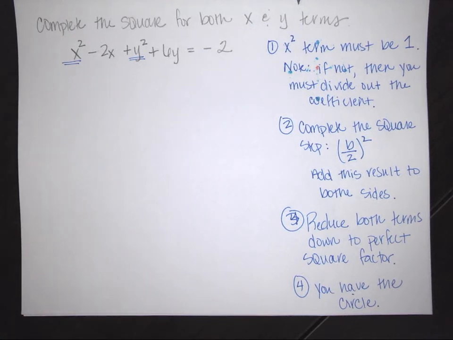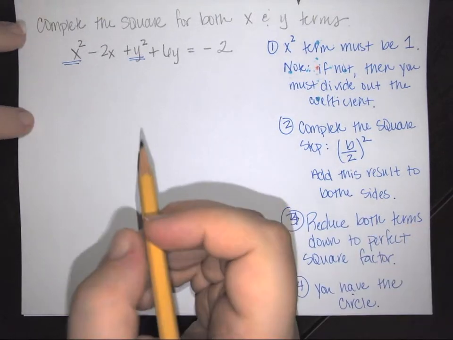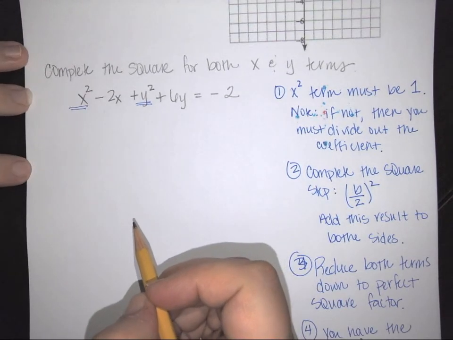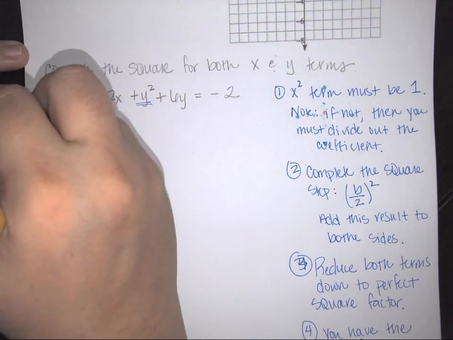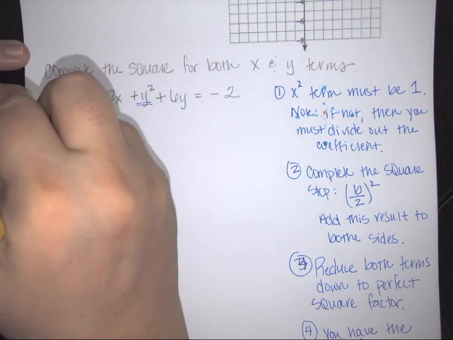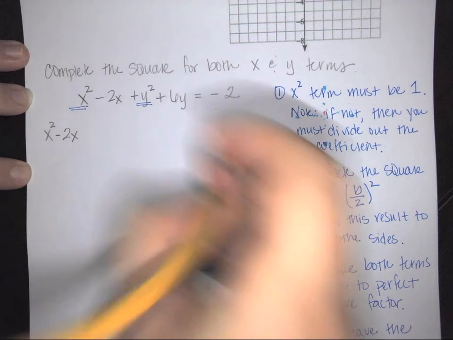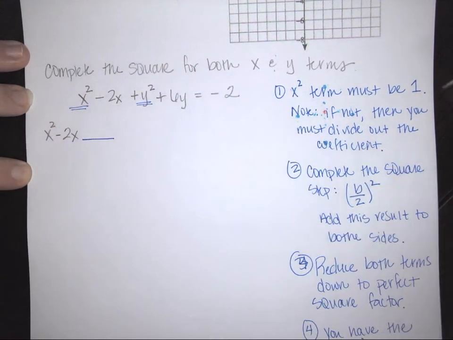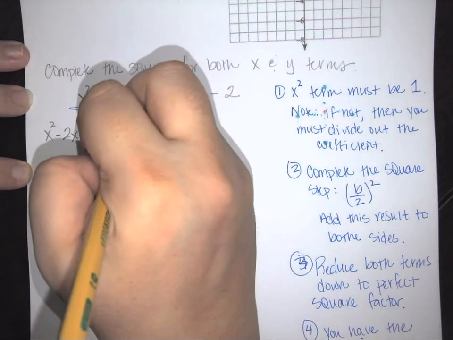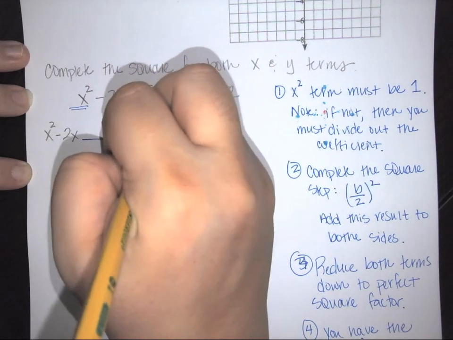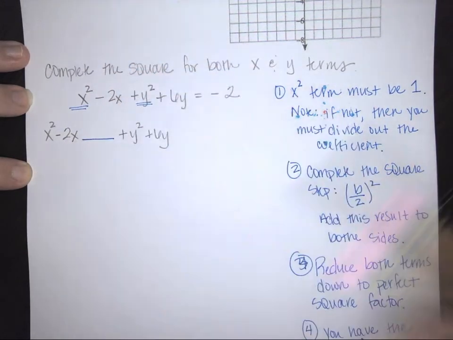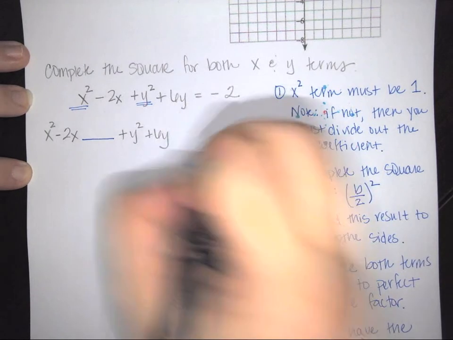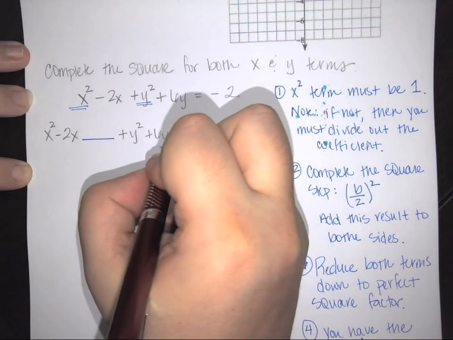So we have the x and we have the y. I'm going to rewrite it, but I'm going to put a space. So this becomes x squared minus my 2x, I have the space here, and then I have plus my y squared plus my 6y, I've got my other space here.